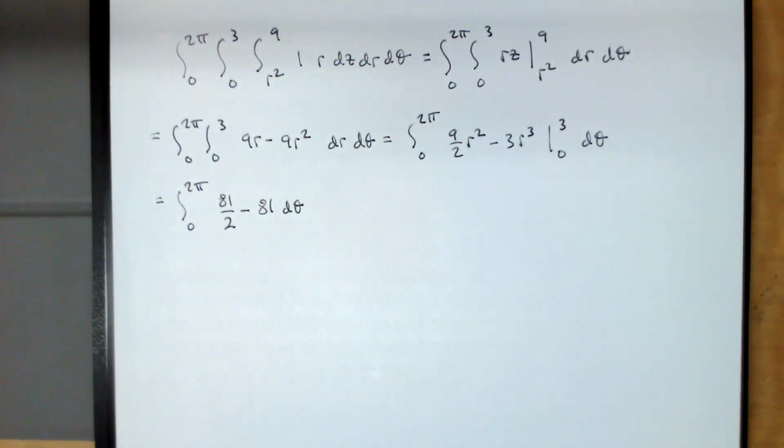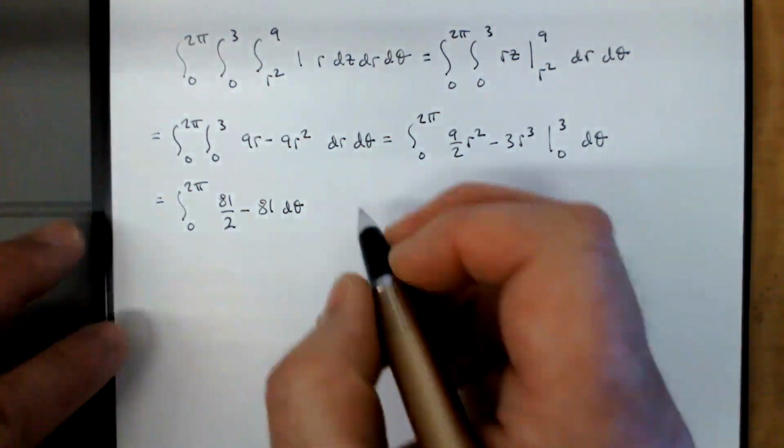And so the 81/2 minus 81 is a negative 81 over 2. Now I'm wondering where I dropped the sign somewhere.